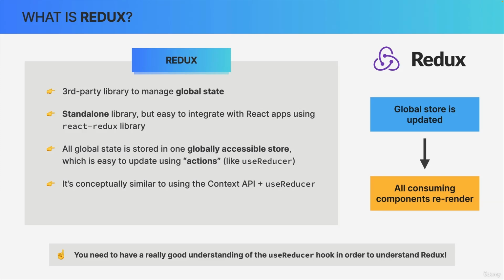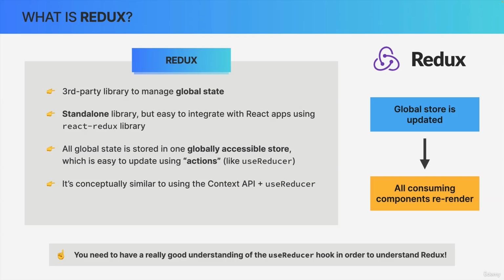And in fact, many developers even say that the context API is a replacement for Redux. However, the truth is a bit more nuanced than that, as we will discuss by the end of the section once you have some experience with both of these tools.